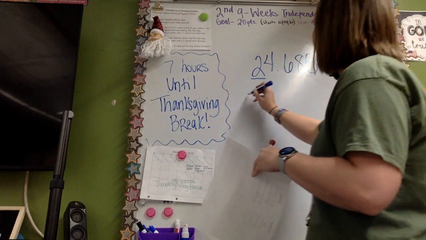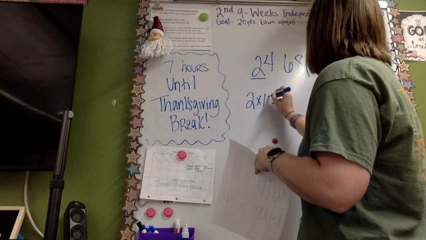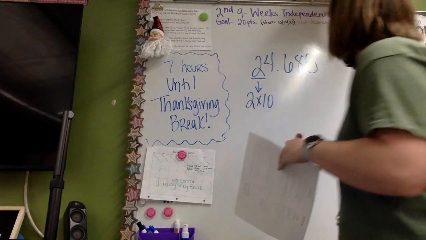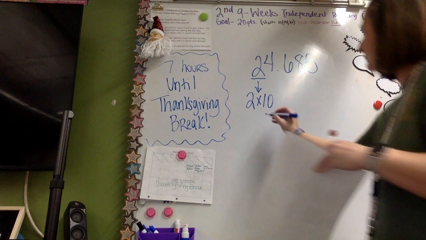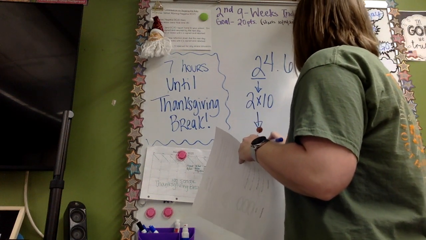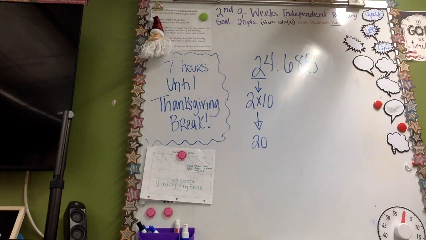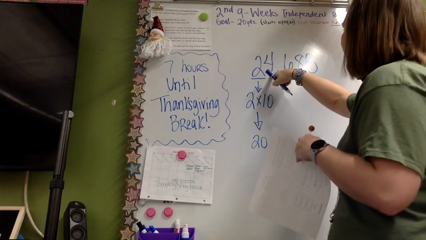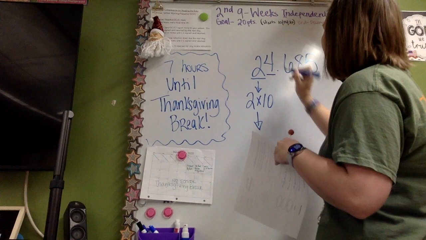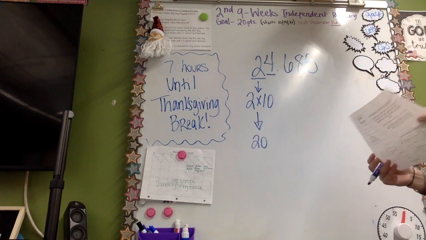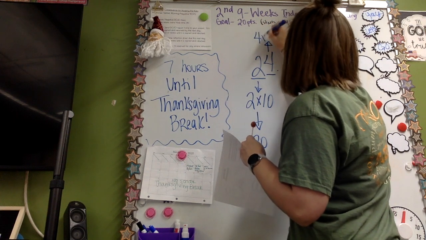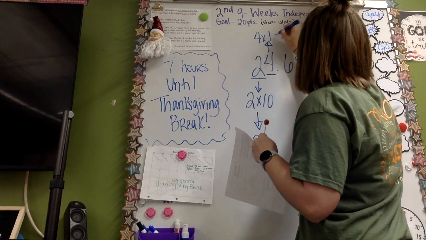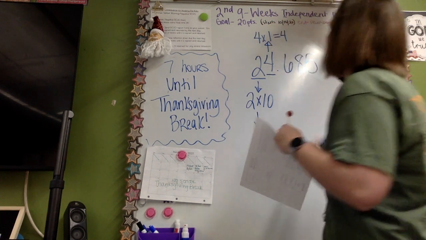So it becomes 2 times 10, which is the same thing as what? 20. Okay? This piece, it's a 4. What place is that in? The ones place. So it becomes 4 times 1, which is what? 4.